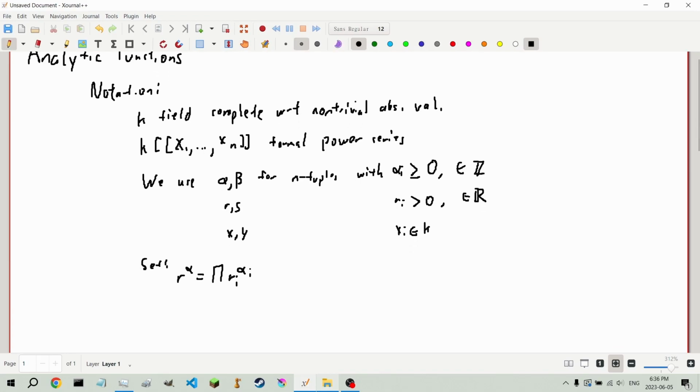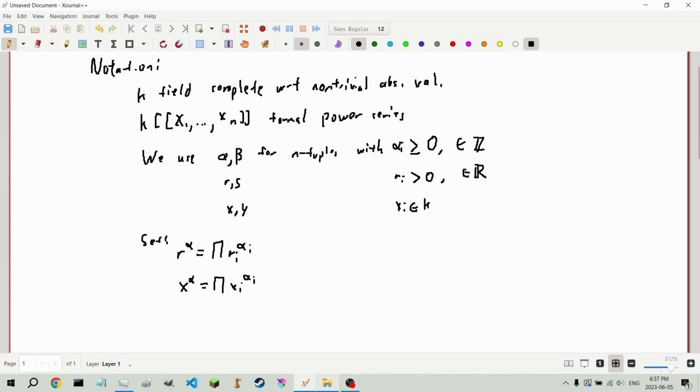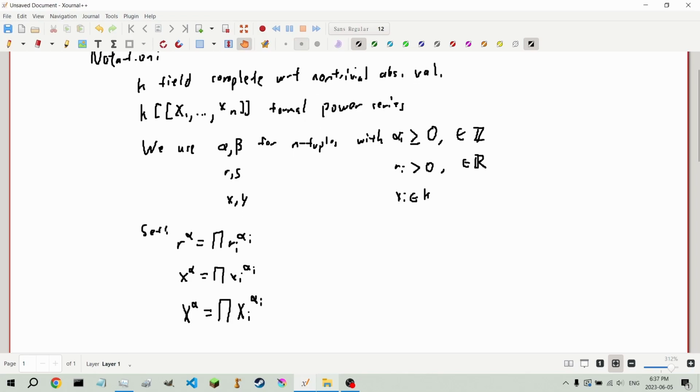Likewise, x to the alpha is going to be the product of the x_i to the alpha_i. We're going to have capital X to the alpha, this is our indeterminate, as the product of the i-th indeterminate to the i-th component of alpha.